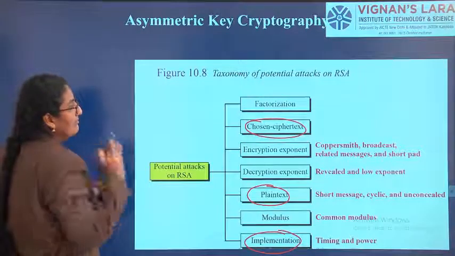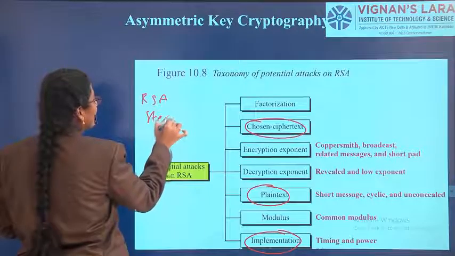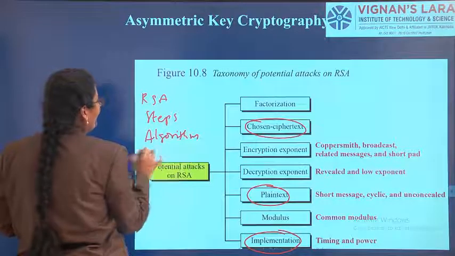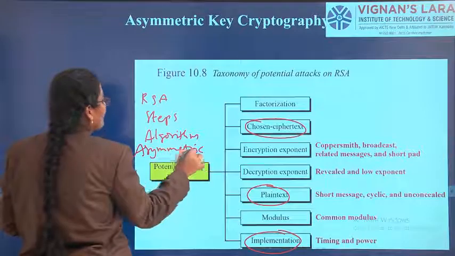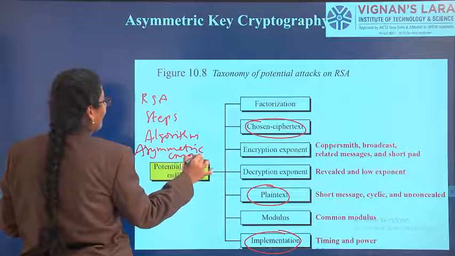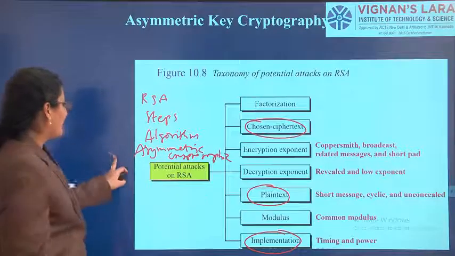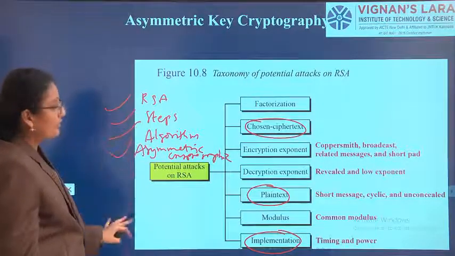But just now remember, we know what is RSA, what the steps in RSA are, what the RSA algorithm is, and what asymmetric cryptography is. These basic things we know.